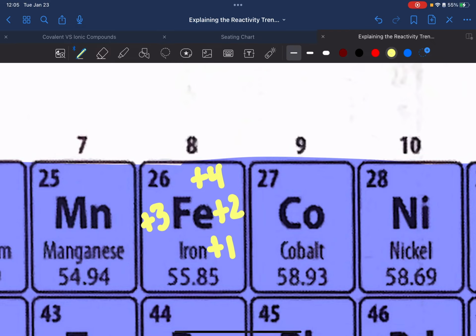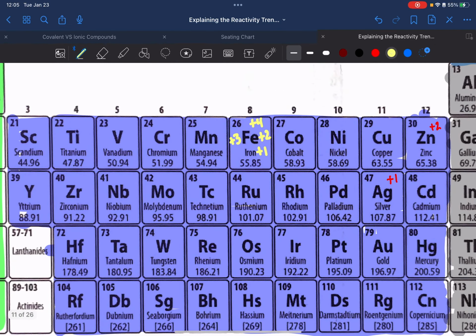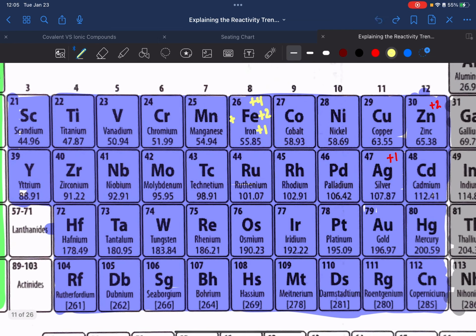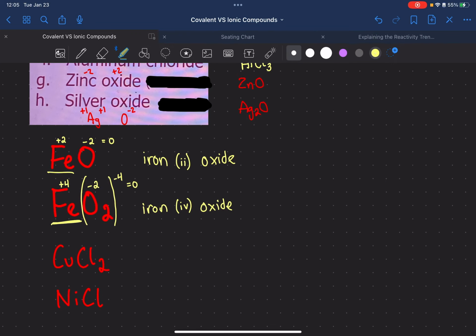I don't want us to crowd our periodic table with so many numbers here in the transition metals, because all of them pretty much can take on 2 or 3 or even 4 different charges depending on what they're bonding with. So let's just know that all of the transition metals except for silver and zinc can take on multiple charges.